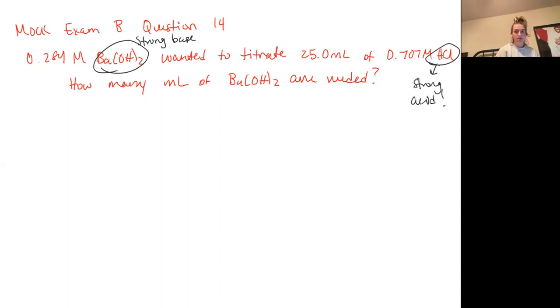Okay, so how are we going to set this up so that we can figure out how many milliliters of barium hydroxide we need in order to titrate the hydrochloric acid? What equation are we going to have to use? Yeah, awesome. Good job, Blake. Right, we need M1V1 equals M2V2.